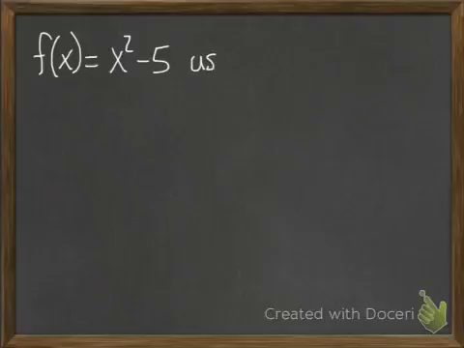Alright, let's use the function that I just wrote before. f of x equals x squared minus 5, using the initial guess, I apologize, that should be x1 equaling 2.